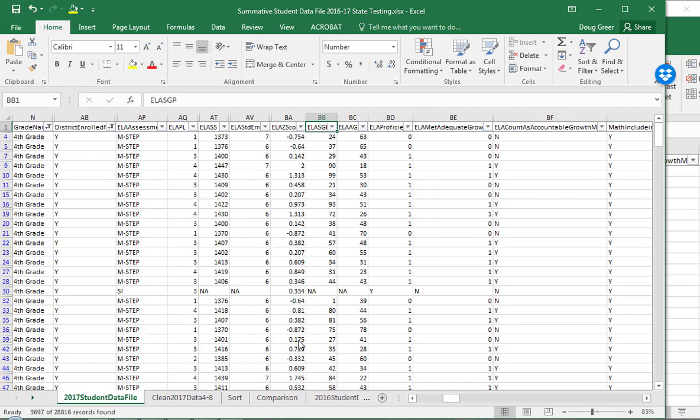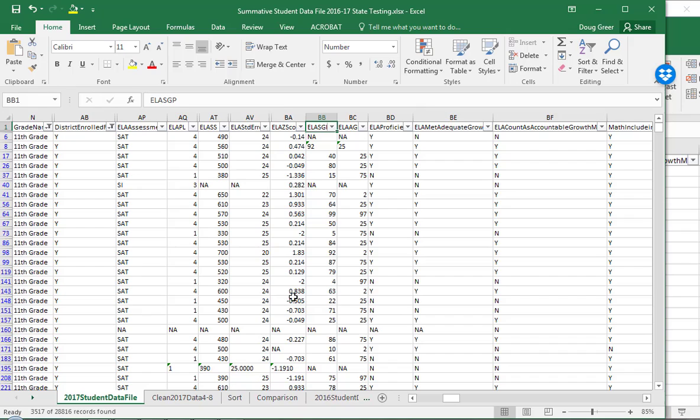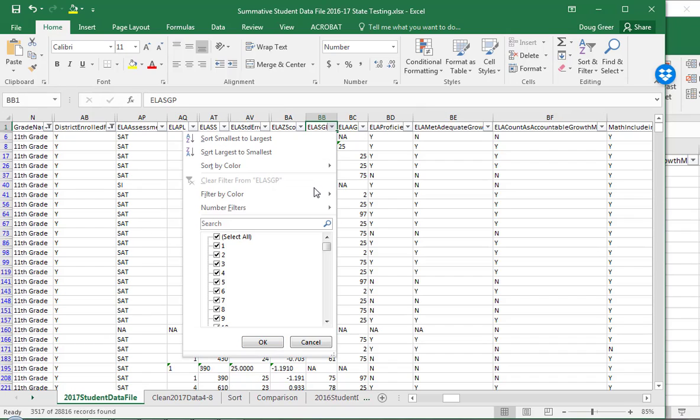So we see a fairly solid distribution across 4th, 5th, 6th, 7th, and 8th grade. I did notice some abnormal behavior at the high school level that I can't really explain, but I will point out to you. Because in 11th grade on the SAT, they are still assigned a student growth percentile that ranges from 1 to 99.